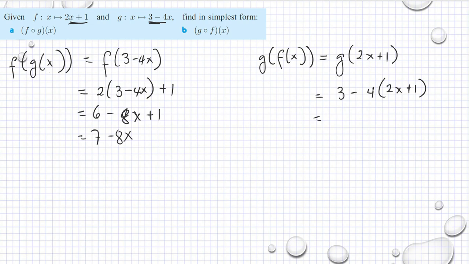Then we have 3 minus 8x minus 4. Then we have negative 8x minus 1. So they are not the same again.